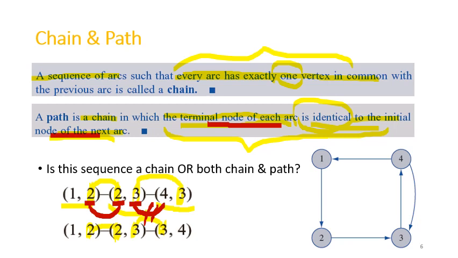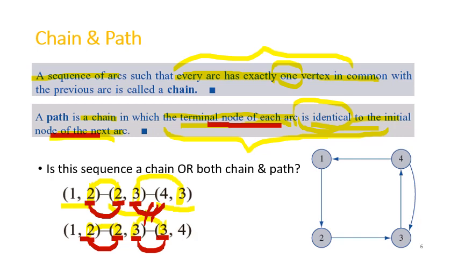Is this a path? Let's check again. The terminal of the previous one must be the same as the initial of the next one. So for the first and the second arcs, this is good. For the second and third, it is also good. So for the second example, the sequence of 1, 2, 2, 3, 3, 4 is both a chain and also a path.